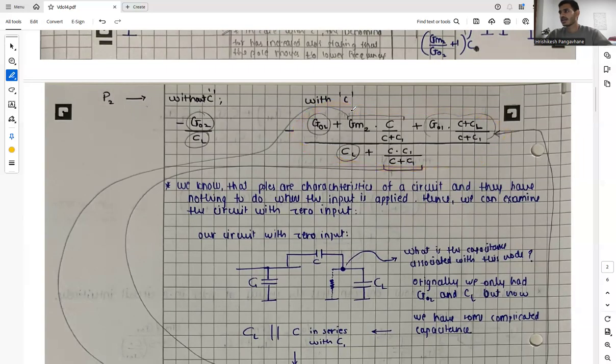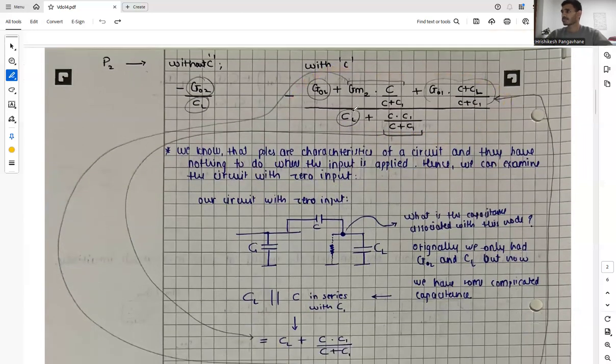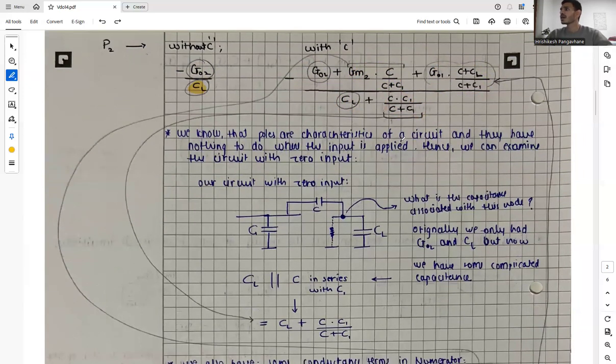And when we have a case with C across the two nodes, we have this kind of a value which we derived in the last video. We can compare the two equations, and we can say that we have GO2 in the numerator, CL in the denominator, but there are also a few extra terms in the denominator as well as in the numerator.